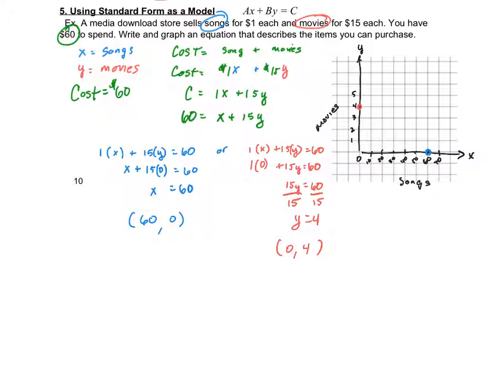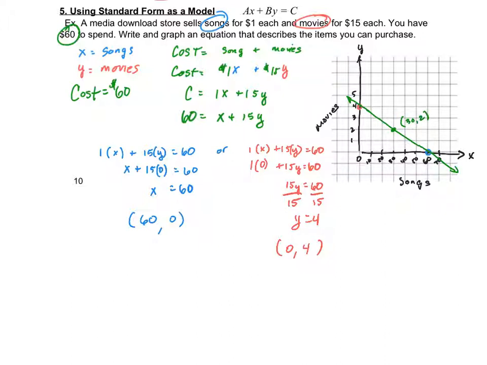My cost is always going to be 60, right? I can go ahead and graph these 2 points. And then we should be able to see that it would make sense that my line, my cost basis, crosses over at 30. And if we were to check this point, this is 30 and 2.